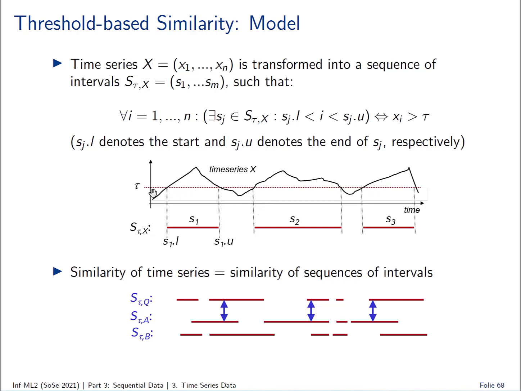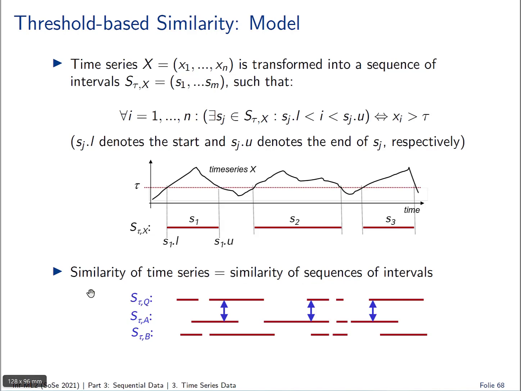We transform it into a set of intervals, and the intervals represent those time intervals where the original time series is above this threshold. You see that here is the second one, here's the third one. So the threshold-based representation of this time series, according to this threshold tau, is the set of these three intervals.